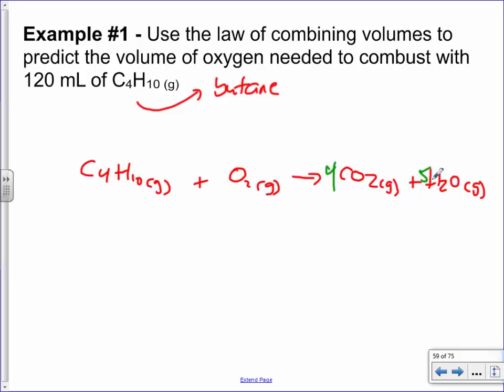Hopefully you guys have seen this scenario before. The oxygens are not going to work out nicely because you're going to get 8 oxygens here and 5 there, which gives 13 oxygens. So do you guys remember how to solve this problem? Yeah, you double everything. So put a 2 there, an 8 here.